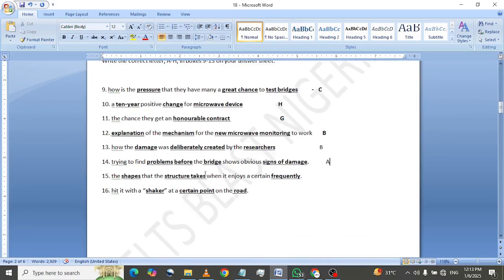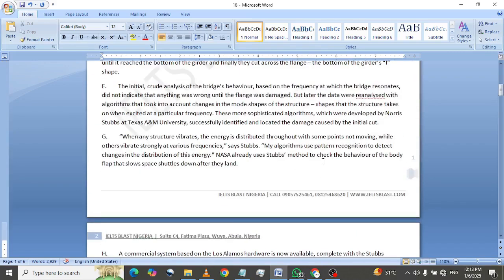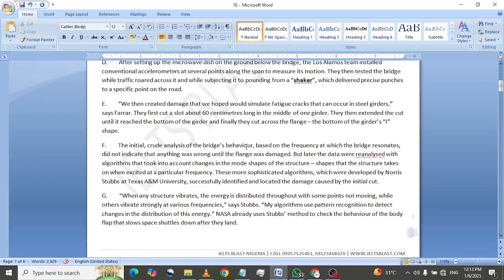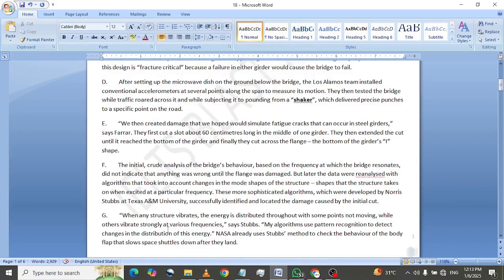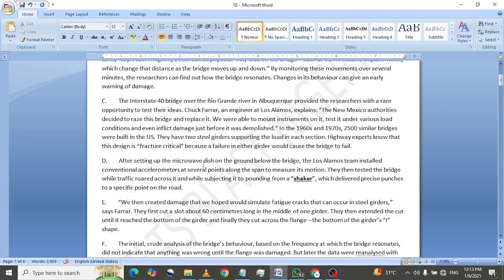They said the shape and the structure it takes when it enjoys certain frequency. So I think I saw something that has to do with frequency in the paragraph.